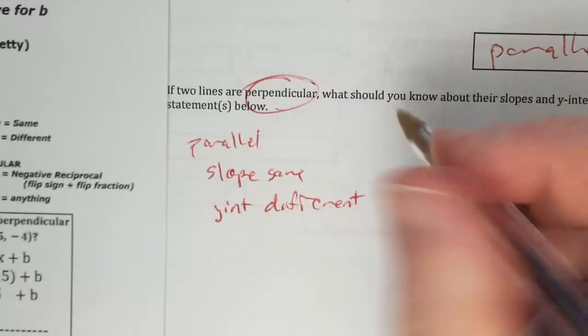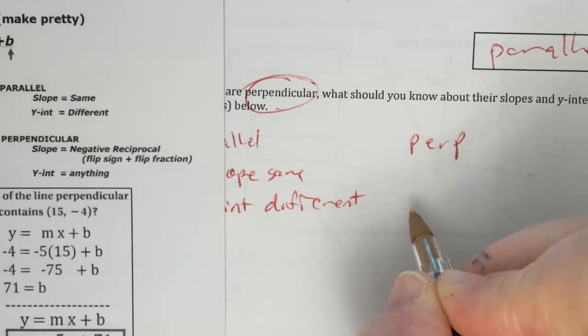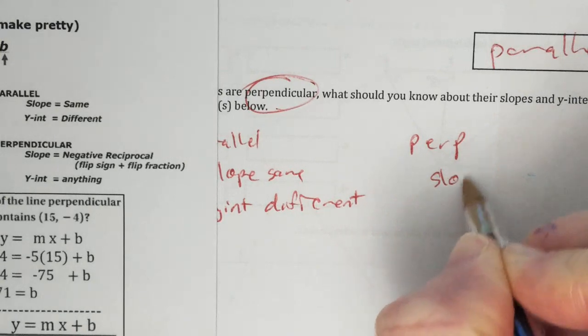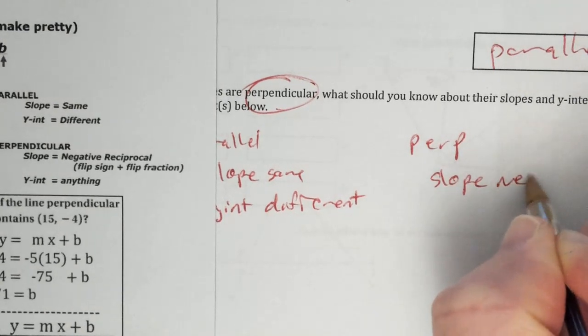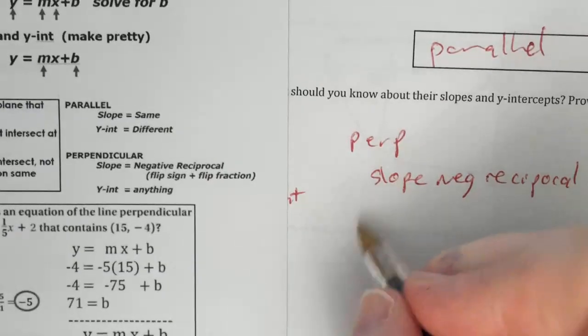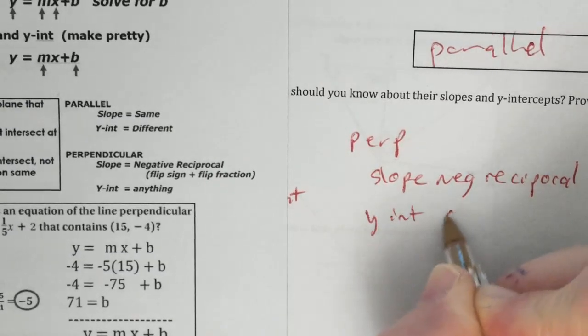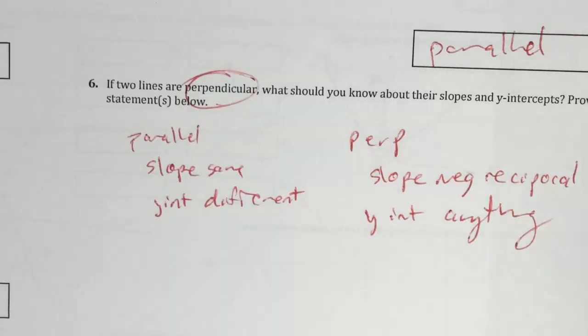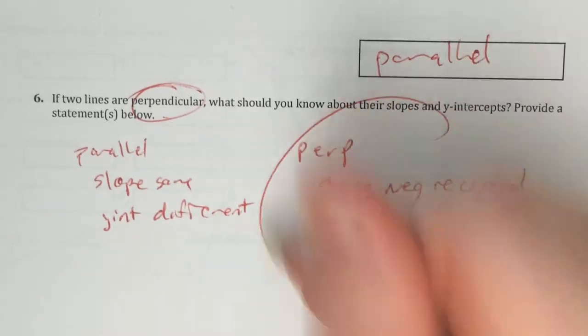Versus if they were perpendicular, your slope would be the negative reciprocal, and the y-intercept could be anything. Okay, so which one did we want? We want perpendicular, so there's the answer. All right, awesome. Moving on.